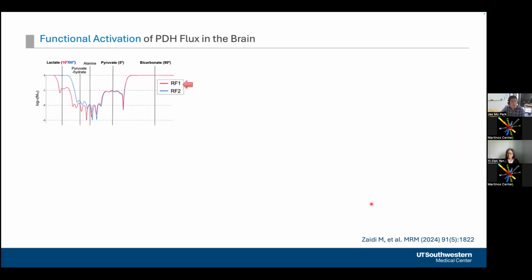So we applied this for the activation study. As I mentioned, saturating lactate is also going to decrease the bicarbonate signal, and it also doesn't detect lactate oxidation directly into oxidative phosphorylation. So instead of using 90-degree excitation on lactate, we used a small flip angle on lactate, the red one, for the animal study.